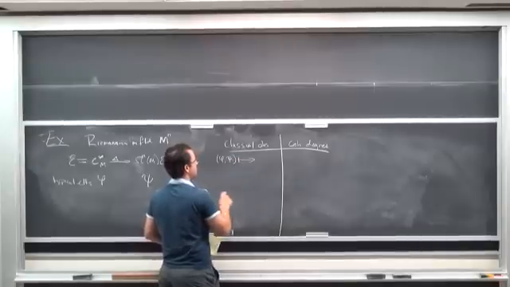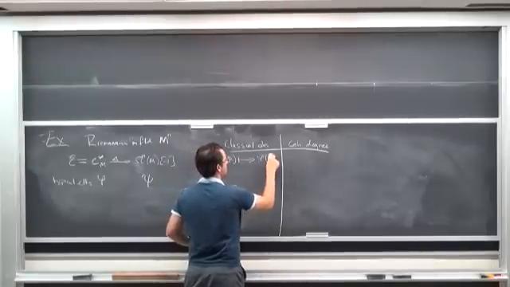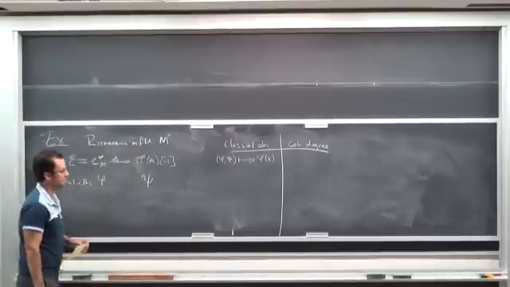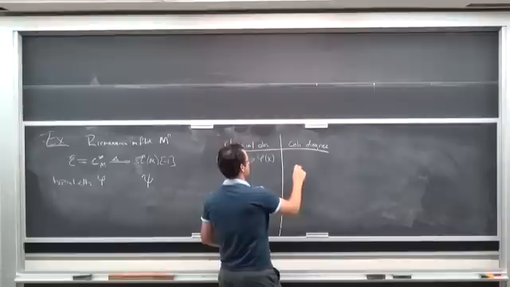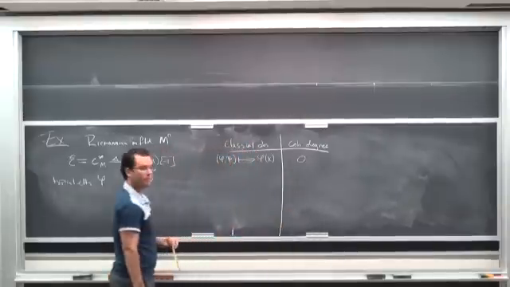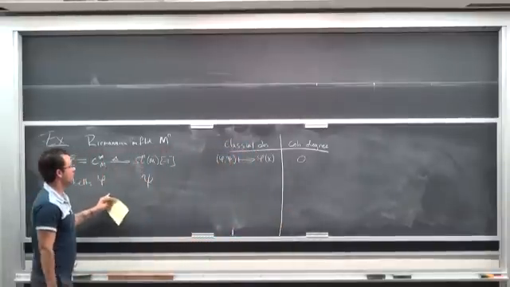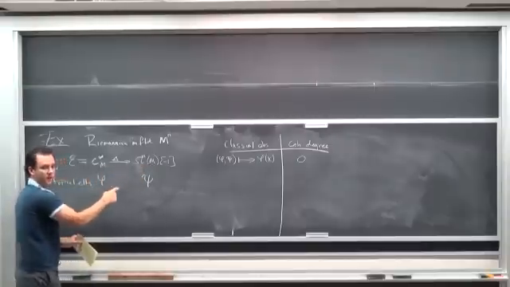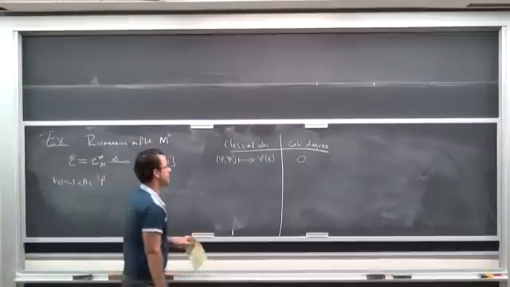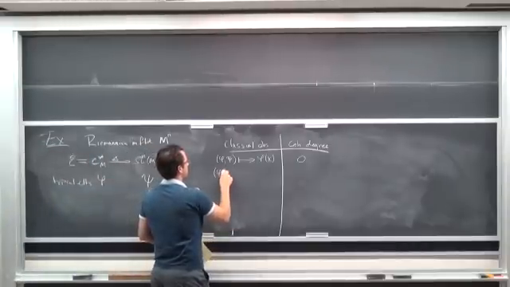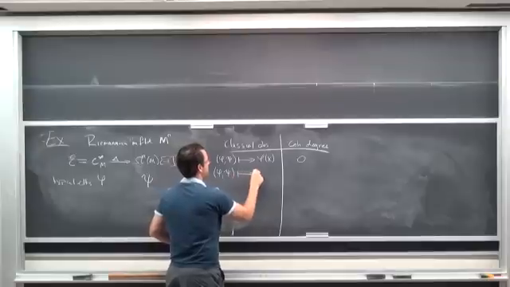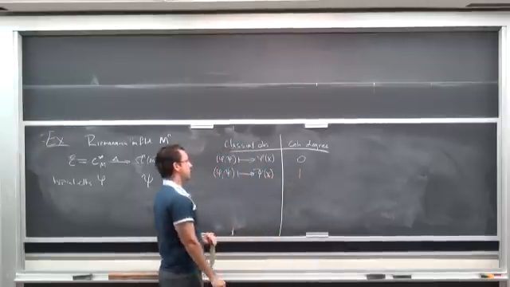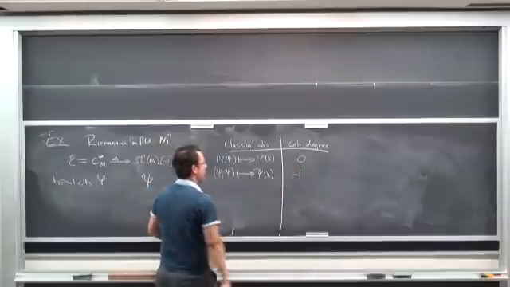One thing I could do is evaluate this function at a point, and this has cohomological degree 0. My convention is that this lives in degree 0, this lives in degree 1. So if I instead evaluate psi at a point, this has cohomological degree -1.